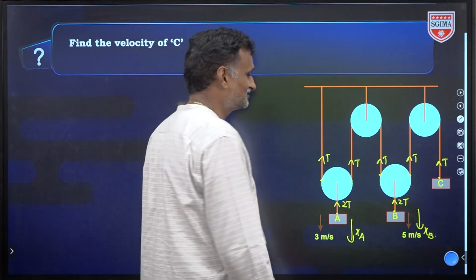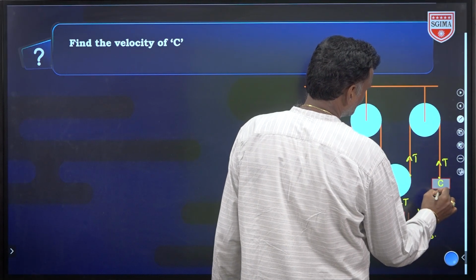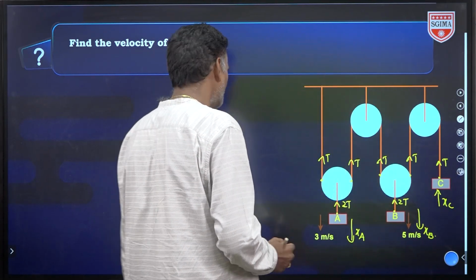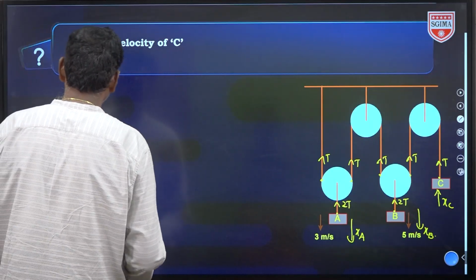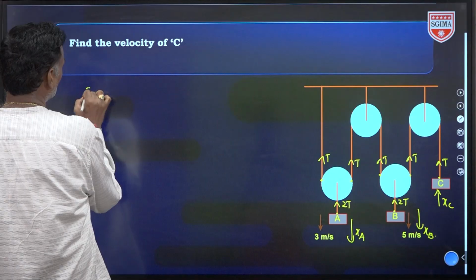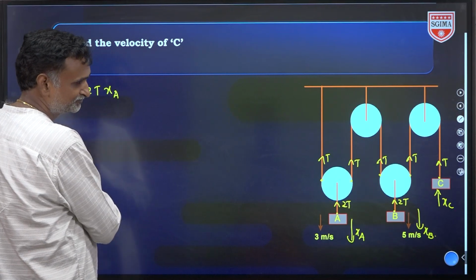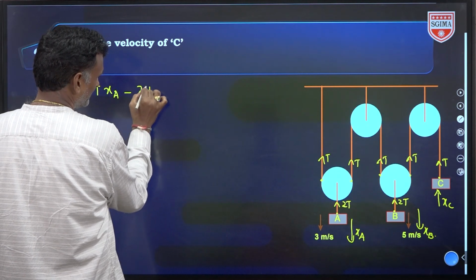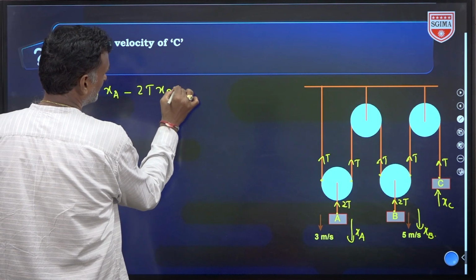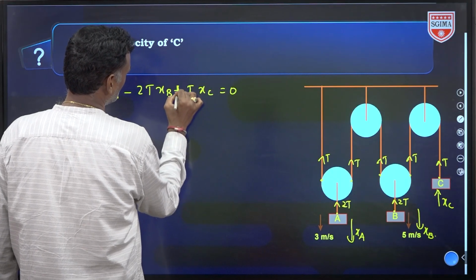So let us see here. I am taking, it is going upward with a covering of xc displacement. Work done by the tension on all the blocks must be 0. So 2T xa, this is minus only, next minus 2T xb, next plus T xc equal to 0.